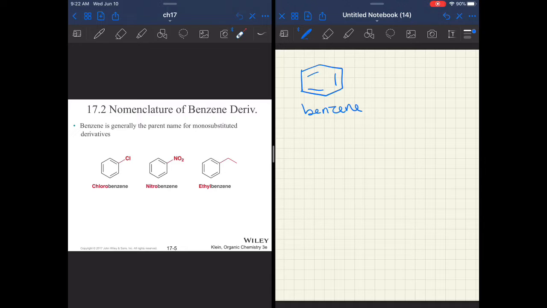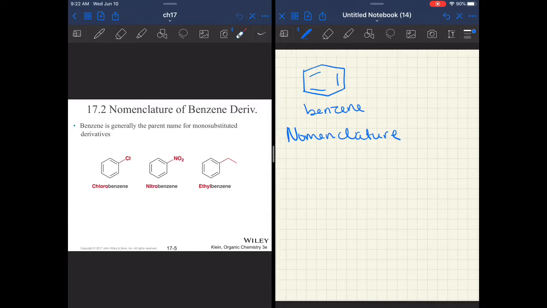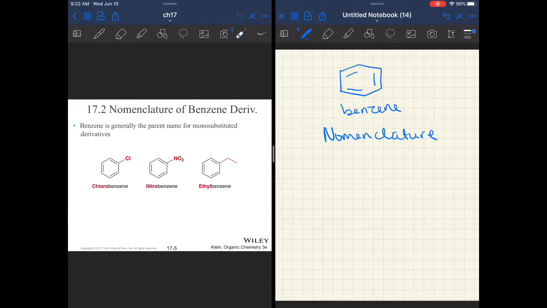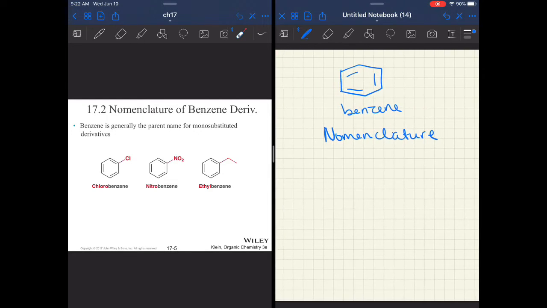Now, let's talk about naming. Nomenclature. If you are dealing with fairly simple substituents, then the parent is going to be benzene.